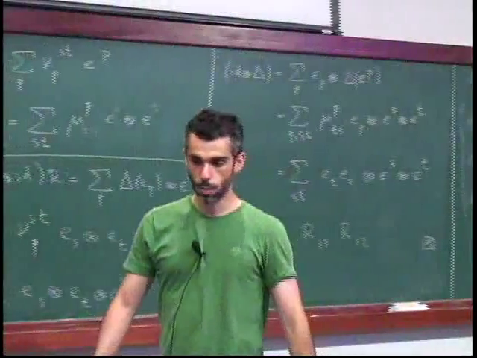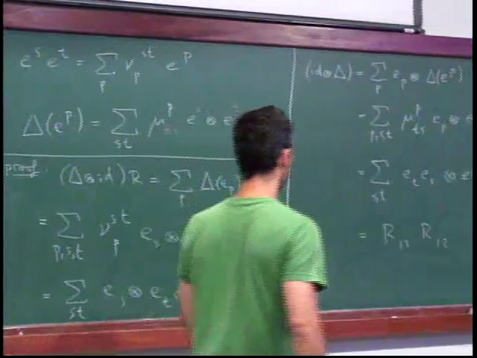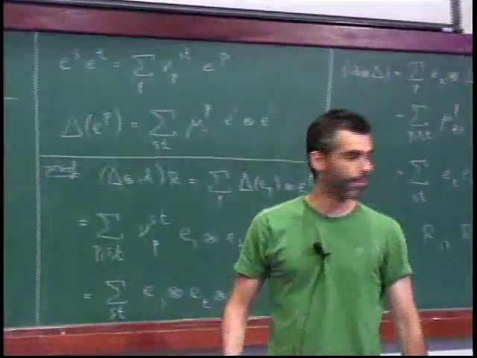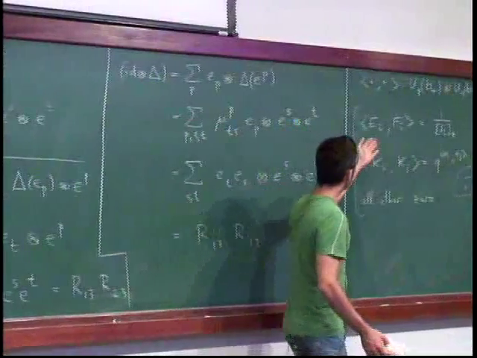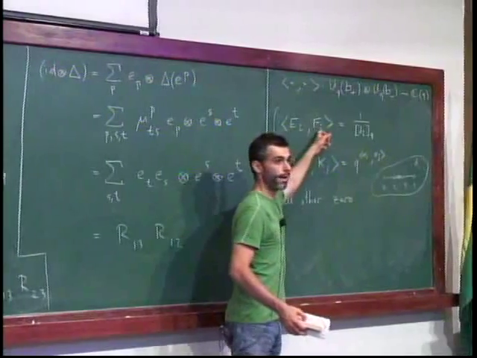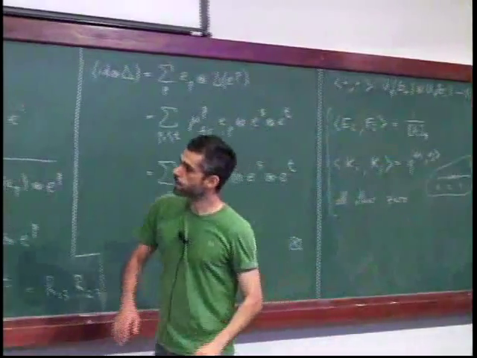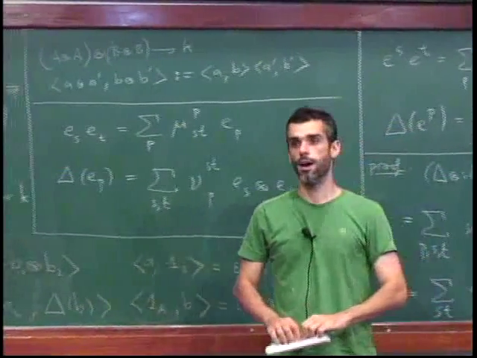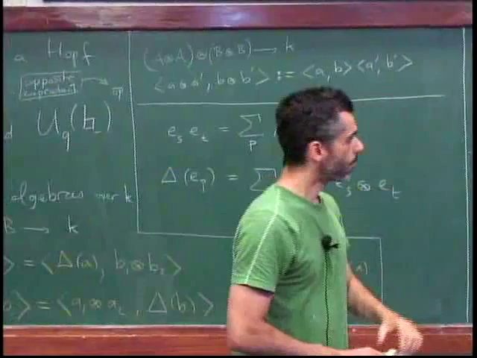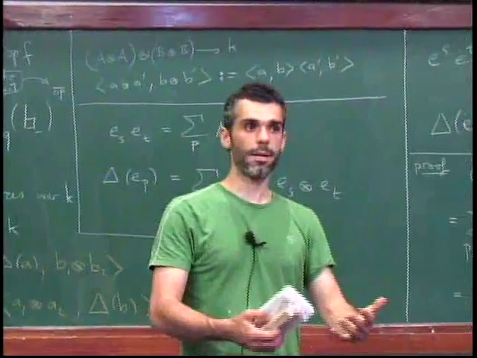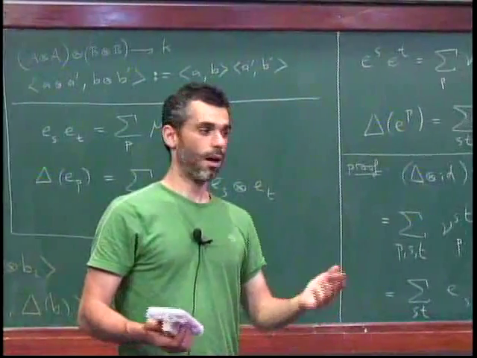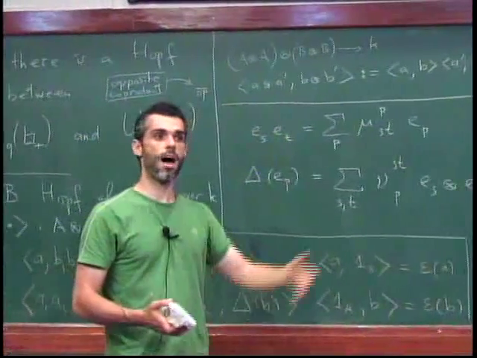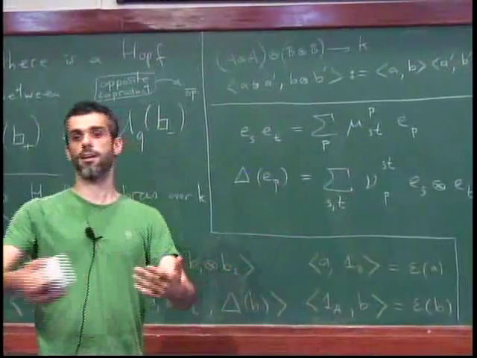Let me show you how it works in a simple case, in an SL2 case, to see how you can derive the value on E squared paired with F squared by using those formulas over and over in an inductive way. And then you'll see that the fact that this inductive procedure terminates feels a bit like luck. It feels that in other examples of other Hopf algebras, it might not terminate.